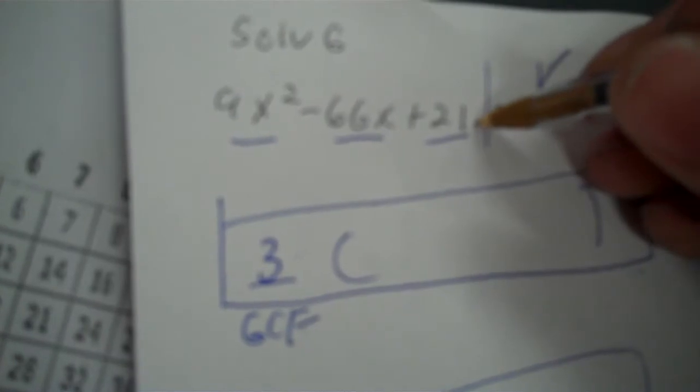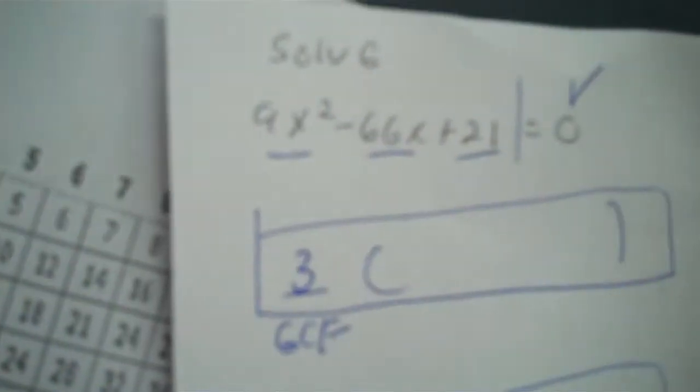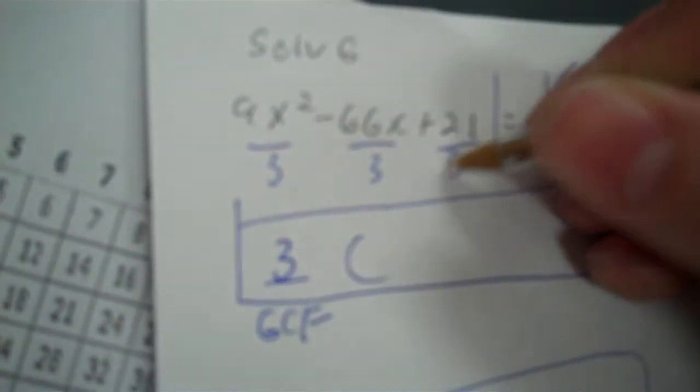Here's 9, there's 21, and there's 66, so they're all in the 3rd row, okay? But you just put a 3, you're not going to put x, you're not going to put the negative. You can't put x because I don't see x there and you don't have a negative in front. So then, you're just going to divide by 3, you're not going to divide by x, okay?